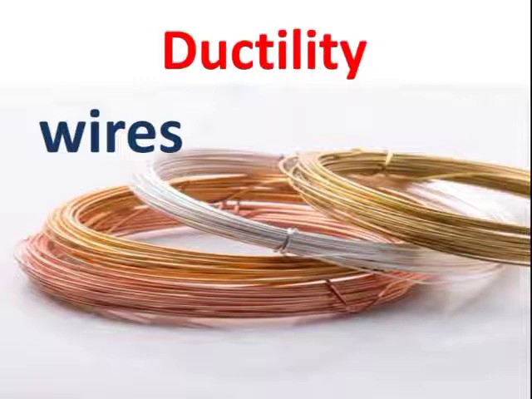Have you ever gone to a goldsmith shop? Have you seen the goldsmith making a wire of gold or silver? Yes. So, when a metal is pulled through a hole, a wire is formed. This property of metal is called ductility.